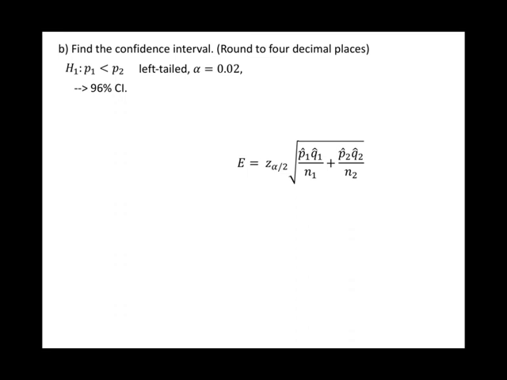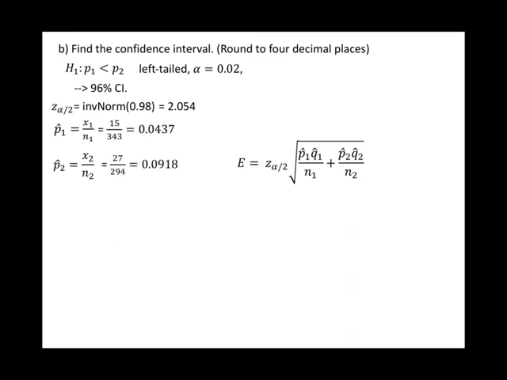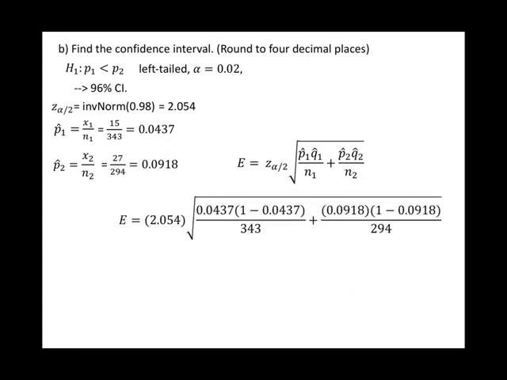So now figure out the critical value. The critical value will be inverse norm 0.98. You should get 2.054. Either use your formula or use your calculator. Figure out your sample proportion 1 and sample proportion 2. You should get this too. Okay, plug into the formula.